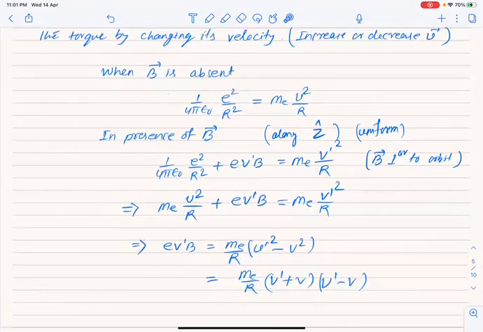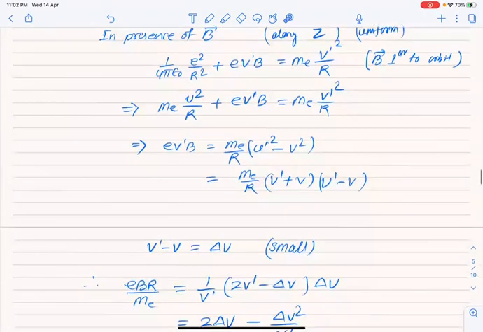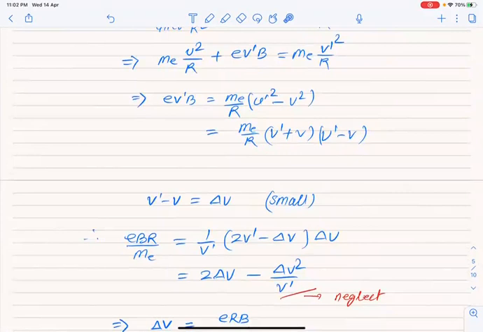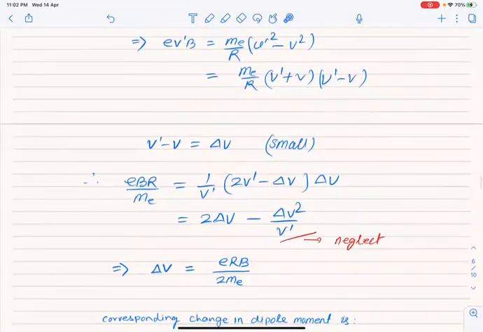So you rearrange a little bit, and then you say that the change in velocity V prime minus V is really small. So if you say that, then this particular term V prime plus V, times V prime minus V, can be rearranged, and then since delta V is very small, you can effectively write this as only 2 delta V here.